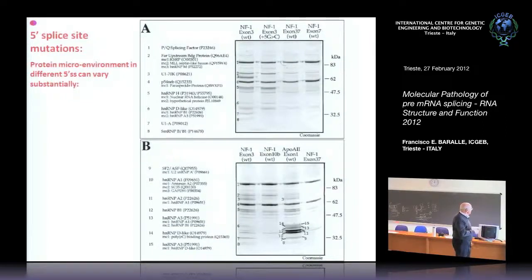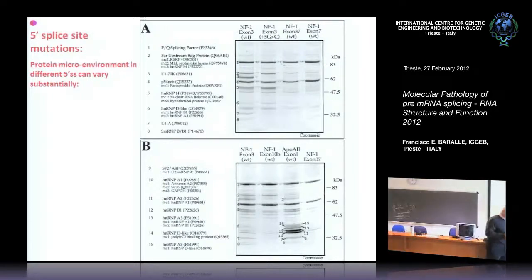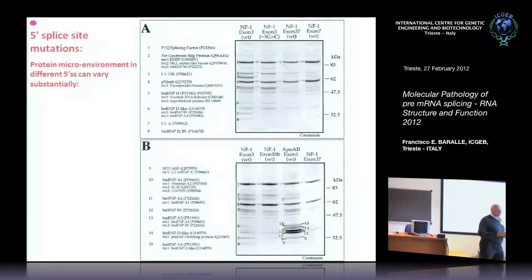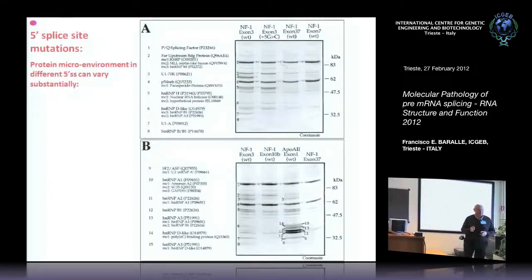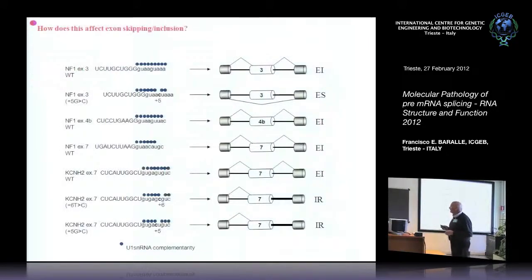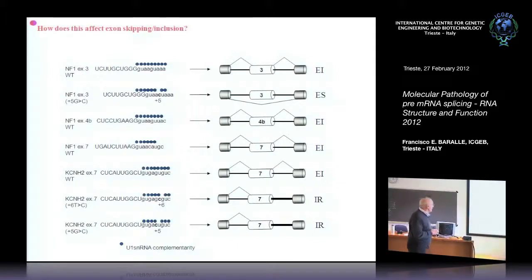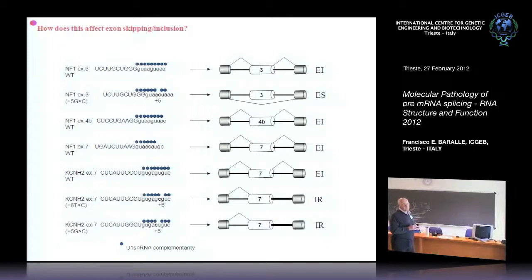So if all these 5' splice sites have different complexes, maybe there are different behaviors with the same mutation. I want to show you a few examples. The black dots are base pairings with the U1. So the basic recognition of the 5' splice site.